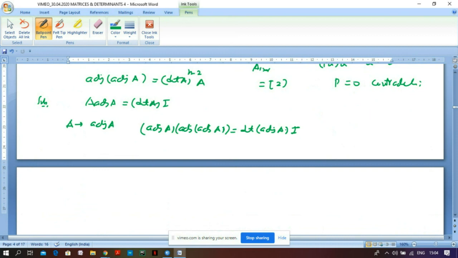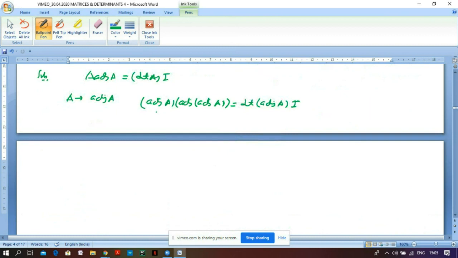Now, if adjoint A is there, then again pre-multiply with A. So I can write A adjoint A, and then adjoint of adjoint A is A times the determinant of adjoint A. That we already know, so det of adjoint A is known.